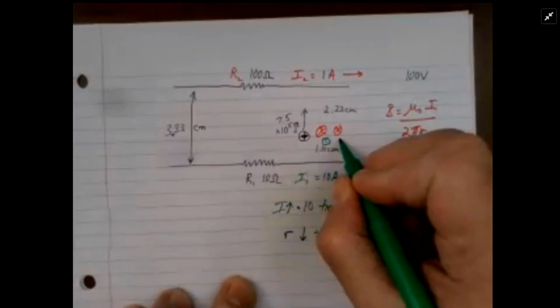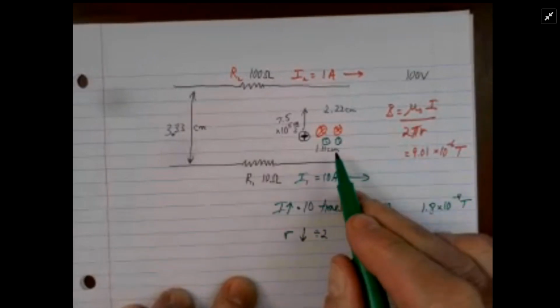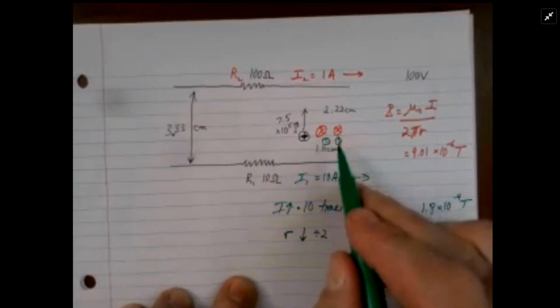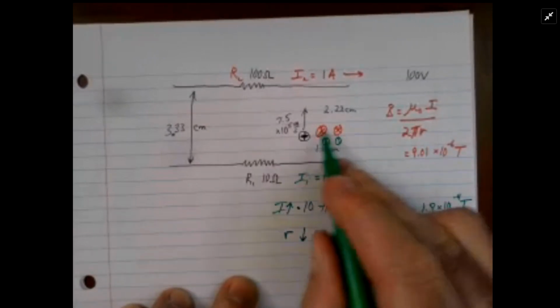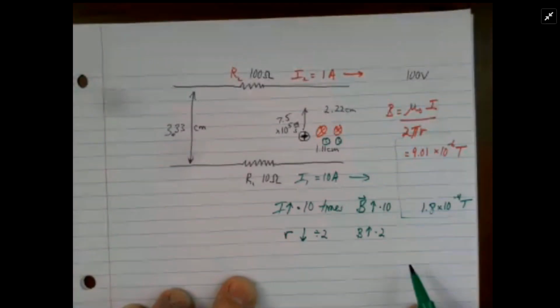Now, this one, the current is going to the right, and if you use your right-hand rule, then this is going to have the magnetic field coming up, and therefore these magnetic fields are going to be acting to cancel or fight each other. So you want to take the difference between these two.